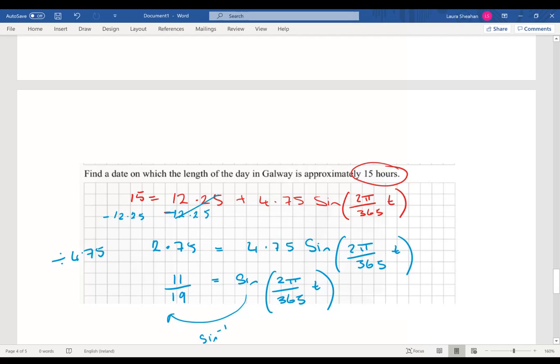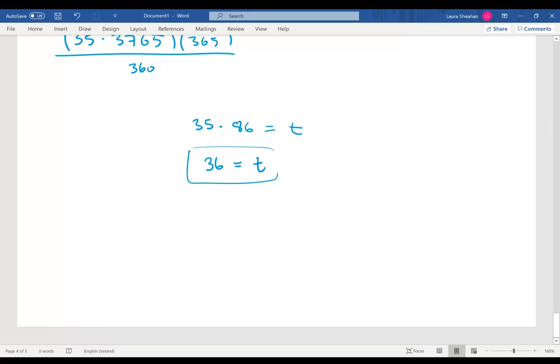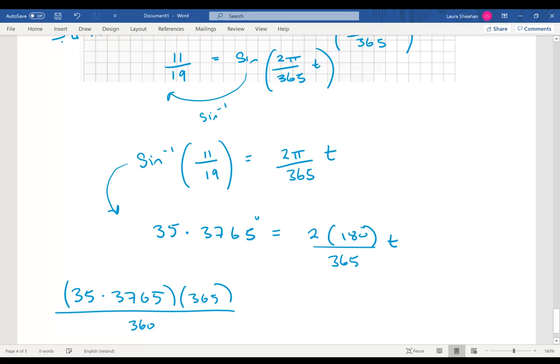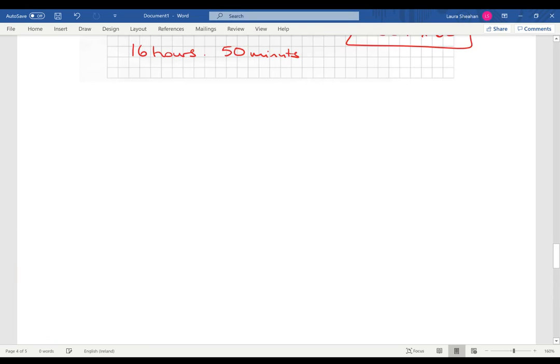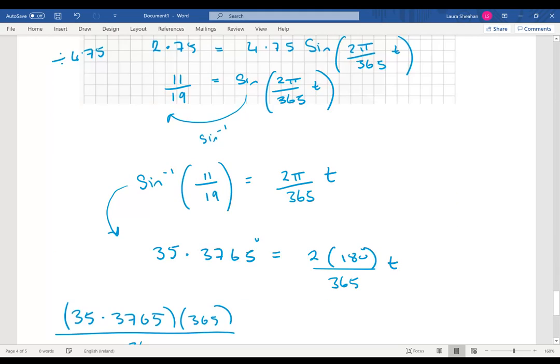So I'm looking for 36 days after March 21st, and just be careful here. 30 days has September, April, June and November, so that means March has 31 days. Do I count March 1st?